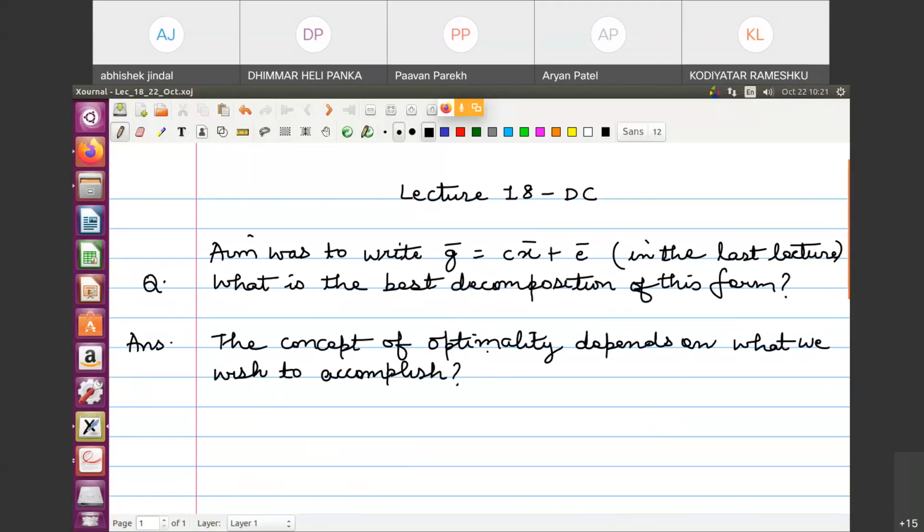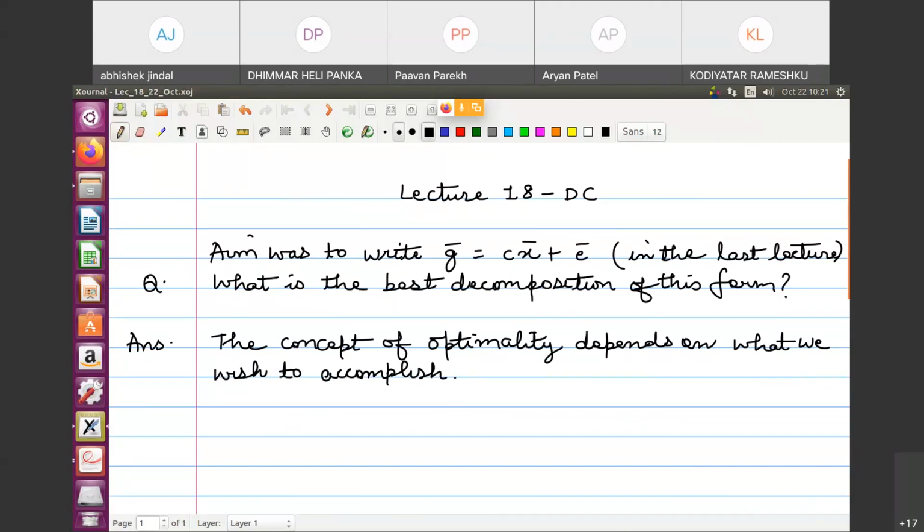That is quite obvious from the question I have written: what do we want to achieve? Best decomposition means you need to define the criteria of optimality. You say that this decomposition has some metric of optimality, you do all possible decompositions and compare the metric of optimality. Whichever gives you the minimum, if that is the criteria, that is the best decomposition.